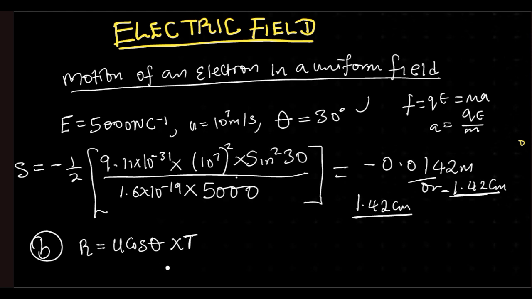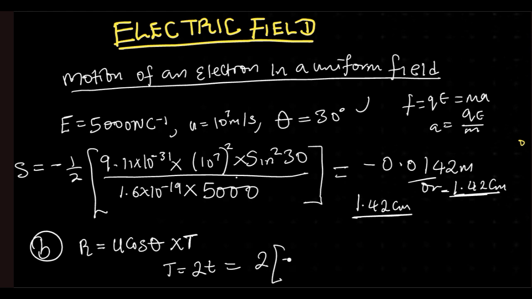And this total time is equal to 2 times the time it takes to reach the maximum height. And the time it takes to reach the maximum height, we already know that it was given.